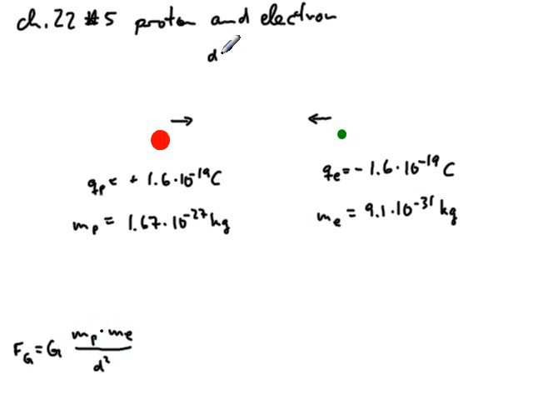So D equals 1.1 billionth of a meter. There we go. So 1 times 10 to the negative 10 meters is the distance.